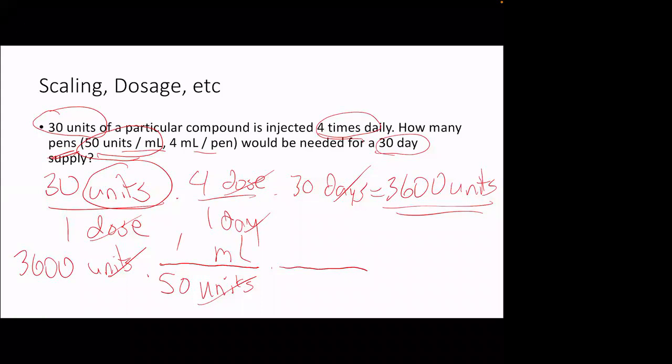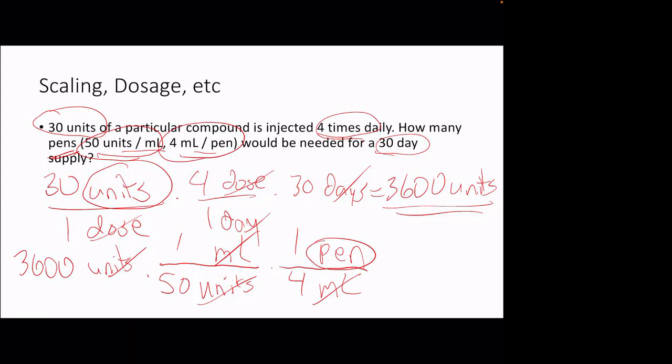We've got that relationship there, 4 milliliters per pen. So we're going to put milliliters on bottom, so it again cancels, and 4 with the milliliters and 1 with the pen, obviously. And looky here, we are now in pens. Good check. So we are good in terms of our units, which is very important.